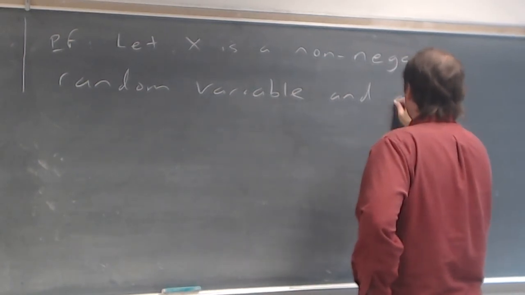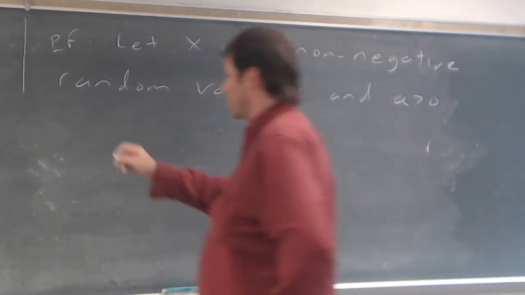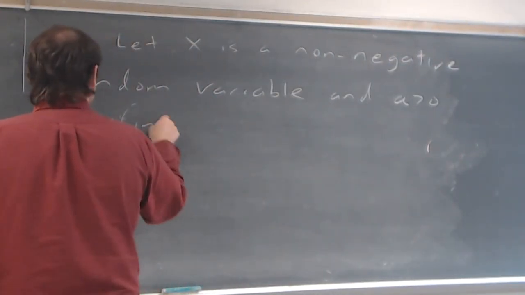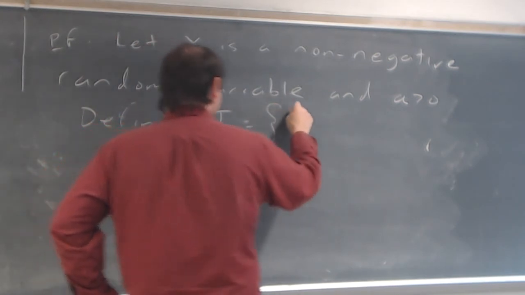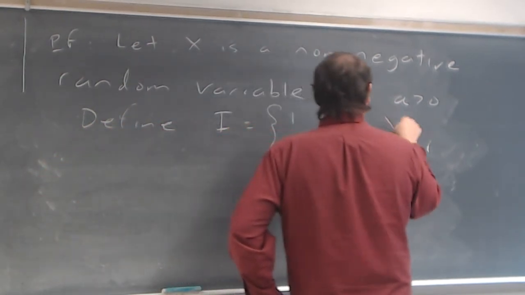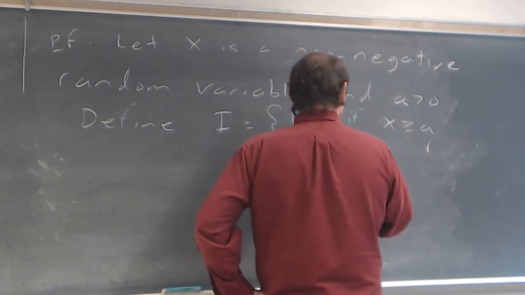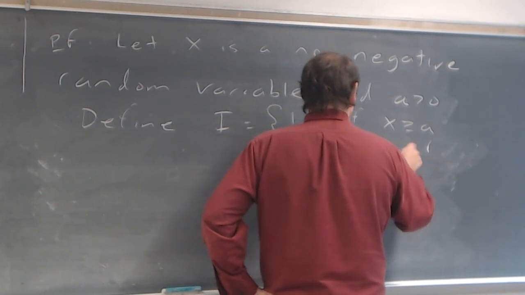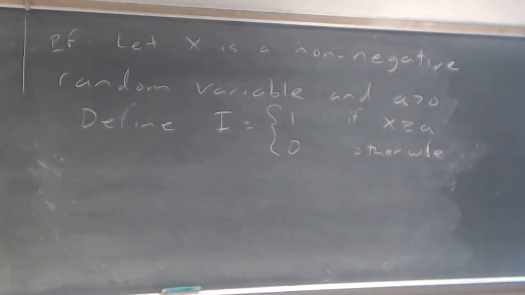To get the result that we want, we're going to define a new random variable I. It's going to have two output values: 1 if x is greater than or equal to a, and 0 otherwise, where x is the big X random variable. By the way, the proof that I'm giving here is different than what is listed in the text.